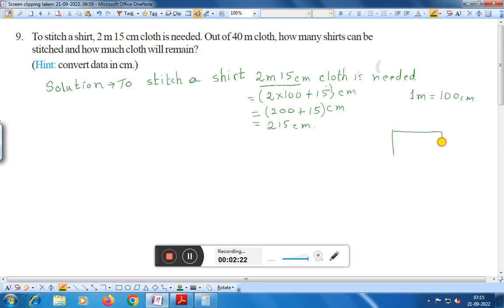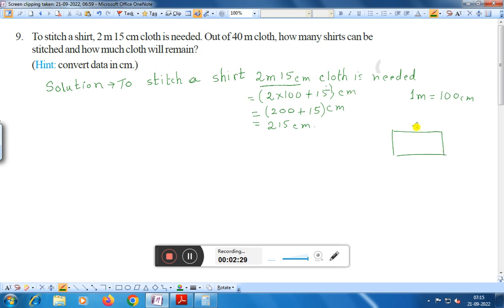length is 40 meter, and to stitch a shirt we need only 2 meter 15 centimeter cloth. That means you have to change this number, that is 40 meter, into centimeter, right?